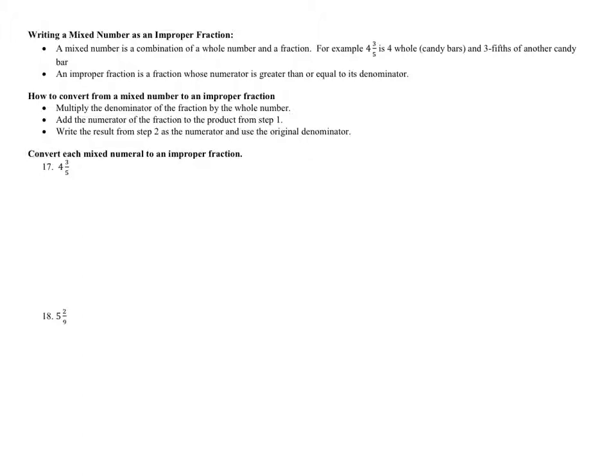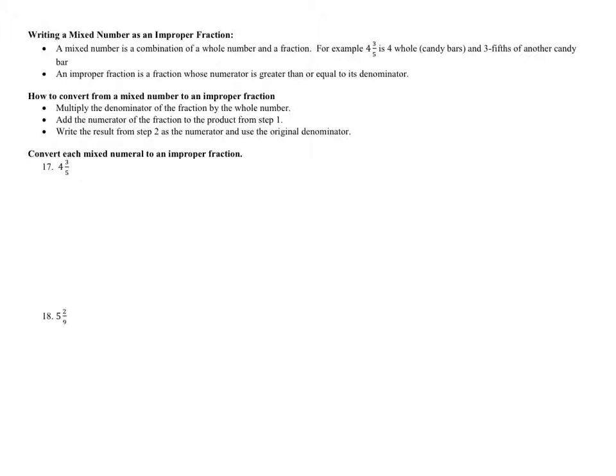Now let's look at writing a mixed number as an improper fraction. A mixed number is a combination of a whole number and a fraction. For example, 4 3/5 is the whole number 4, and then we also have 3/5 of another piece. An improper fraction is a fraction whose numerator is greater than or equal to its denominator.